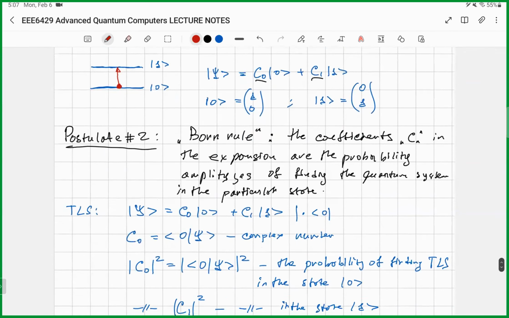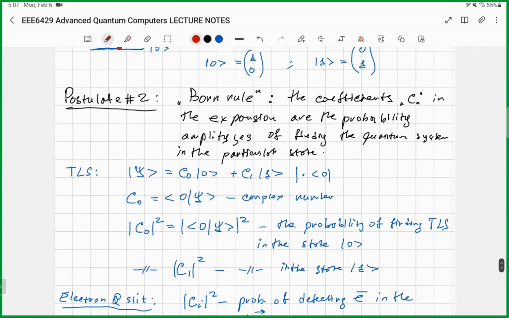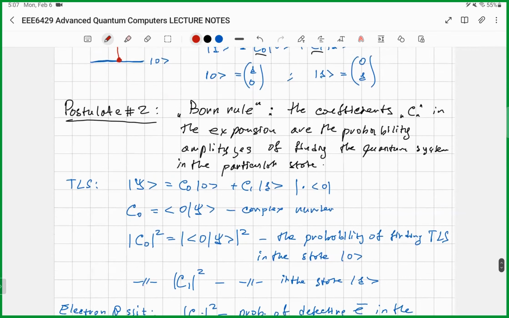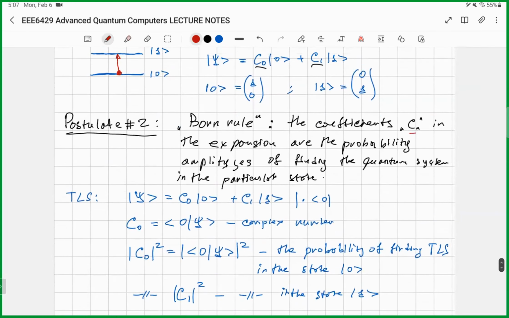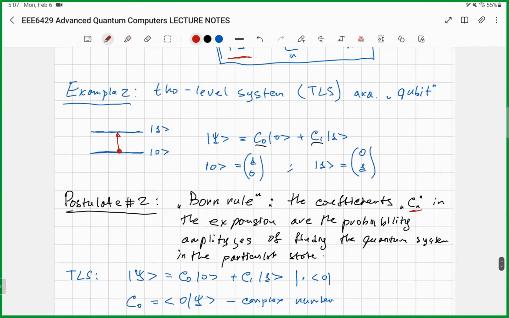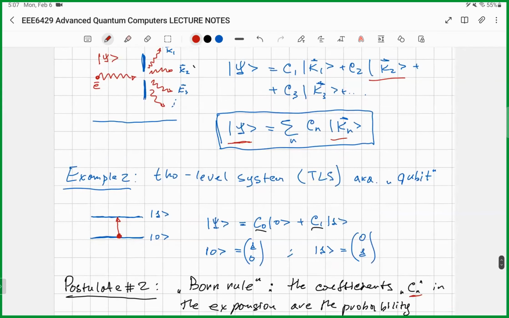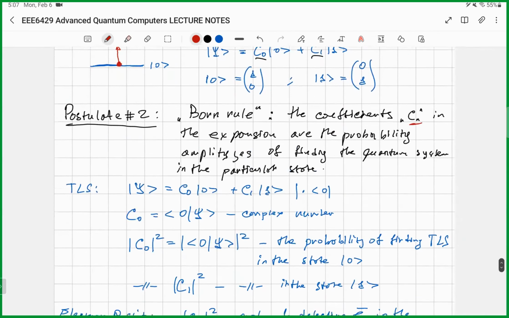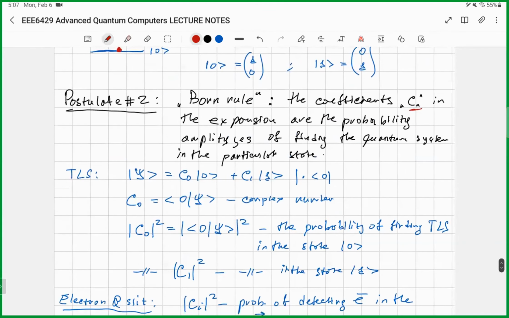Right. So then the second postulate, also known as Born's rule, basically says that these coefficients of the quantum state psi on the basis vectors in this space correspond to the probability amplitudes.